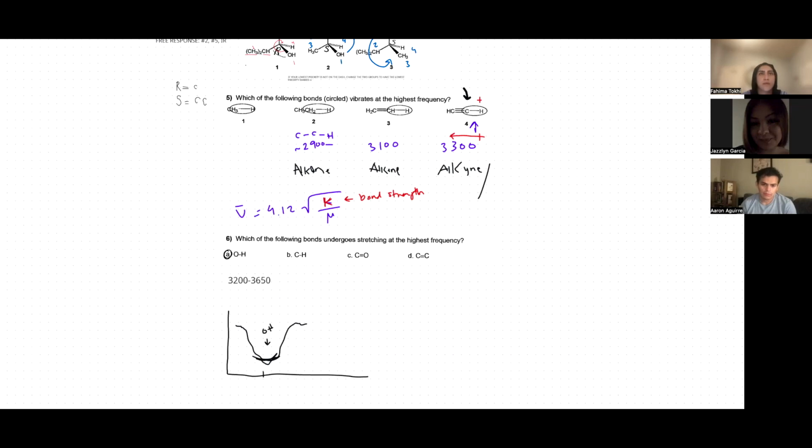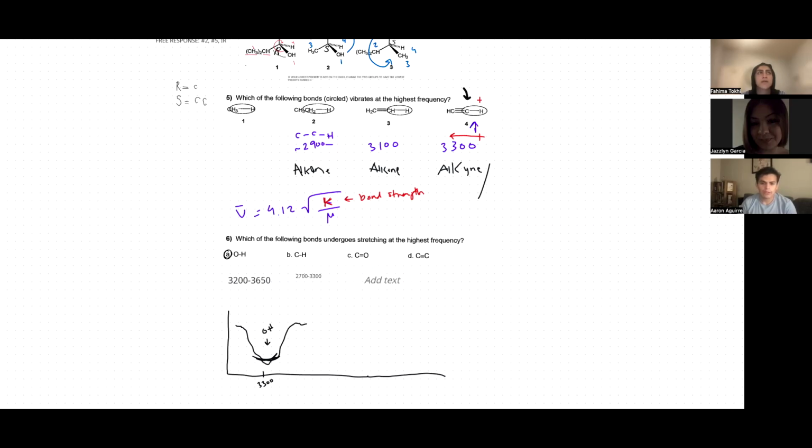Carbon to H is going to be 2700 to 3350. I don't know how to move this.